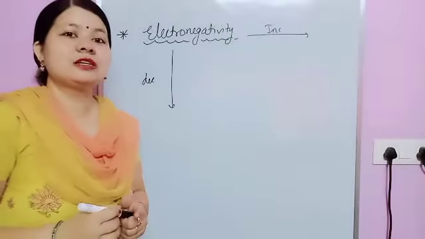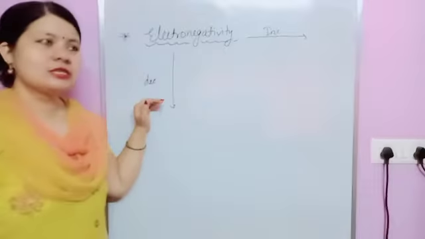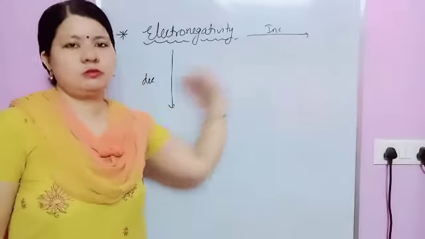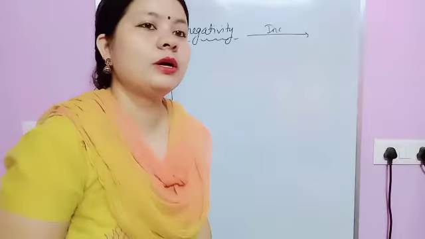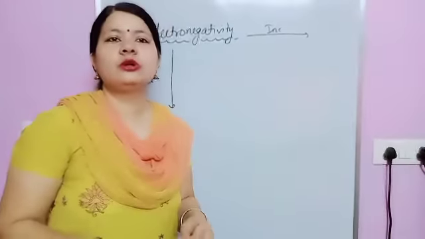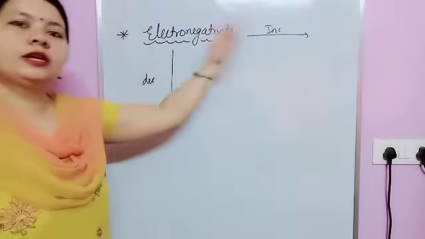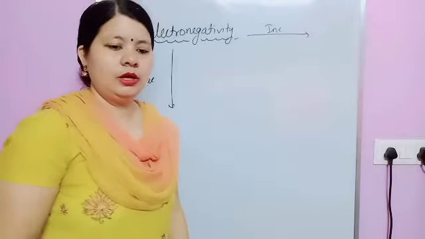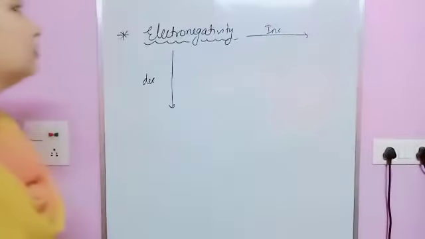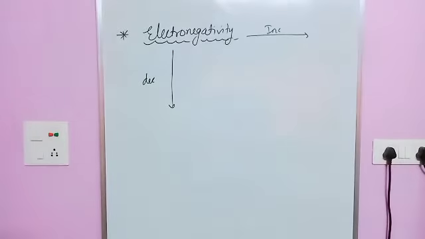Obviously if size increases, the tendency to attract the shared pair of electrons decreases. Across the period it increases; the reason is the opposite: size decreases, nuclear force increases, so the tendency to attract the shared pair of electrons also increases. That's why in the case of halogens, fluorine has the highest electron gain enthalpy. Done. Now next we have anomalous properties of second period elements.